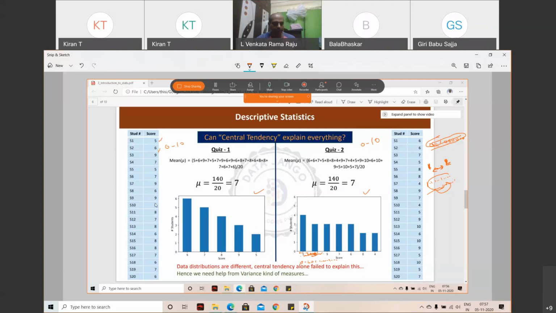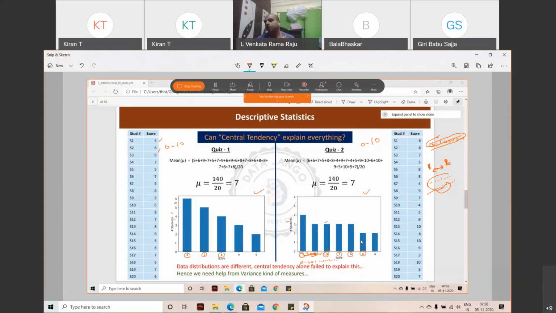On the first graph, the first quiz, score 6 was got by 6 people, score 7 by 5 people, score 8 by 4 people. But the other quiz is different. Score 5 was got by 4 people, score 9 by 3 people. The distribution is different. When I say distribution, how many are there for 6, for 7, for 9, for 8?